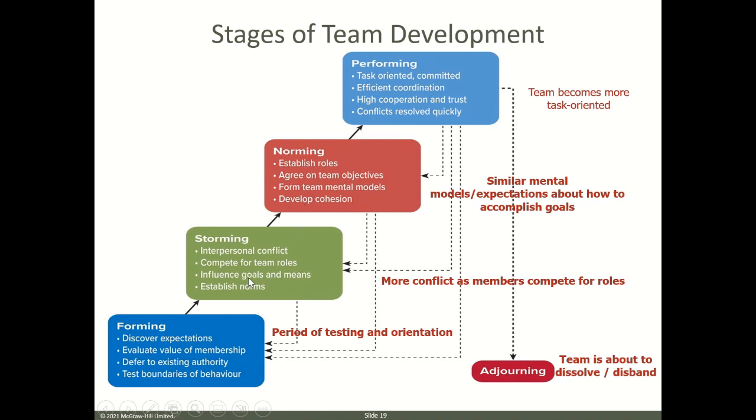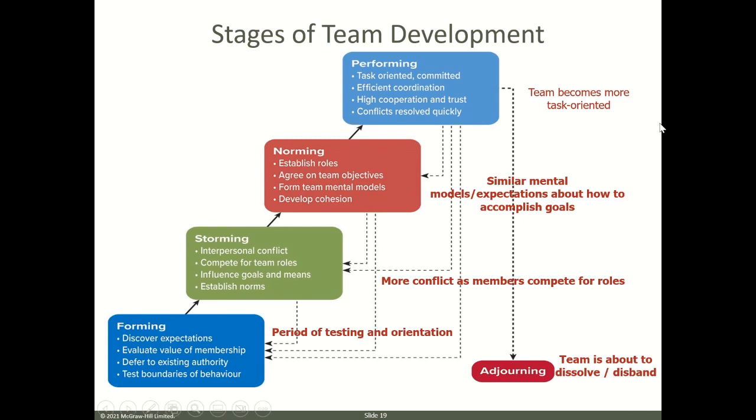After that, the storms are going to be normalized, and some rules are established, right? There should be similar mental models and expectations about how to accomplish those roles, and the team members should agree upon the team objective, form a team mental model, and develop cohesion as a group. Then performing.